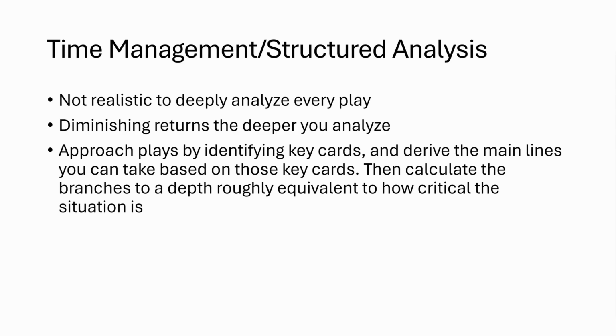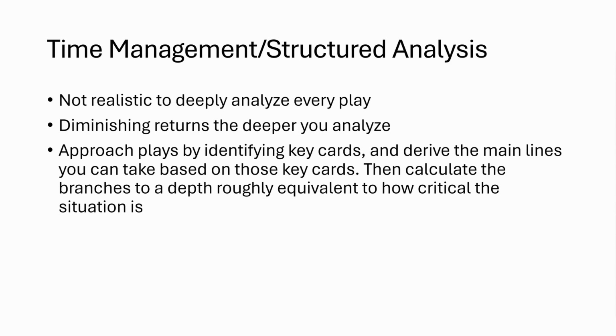So, how do we approach the game overall then? If we note that we can't realistically spend a ton of time on analyzing every single play, the first thing you want to do is approach plays by identifying the key cards and then derive the main lines you can take based on those key cards.